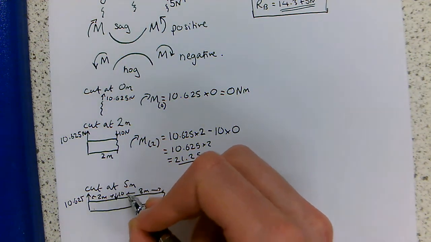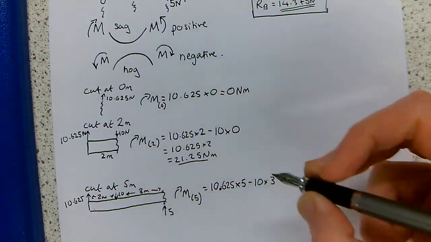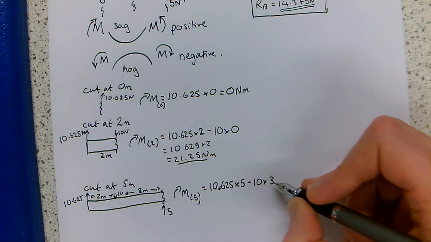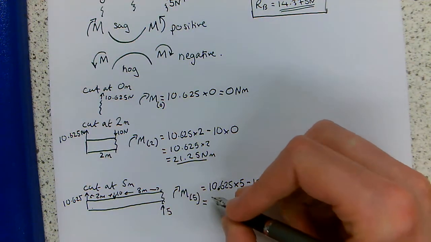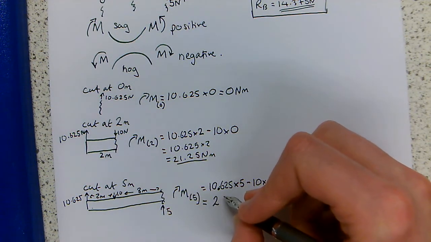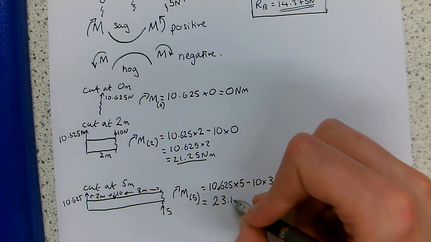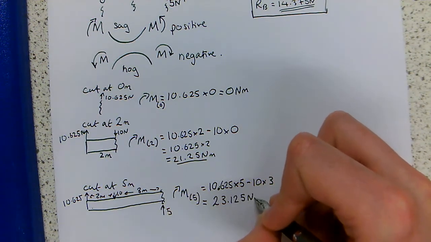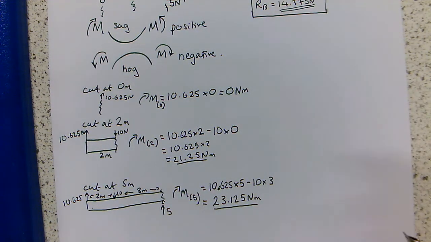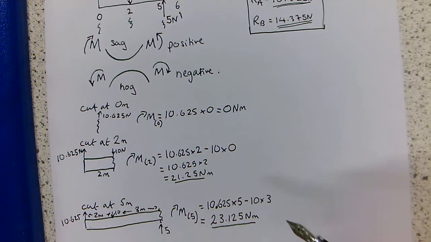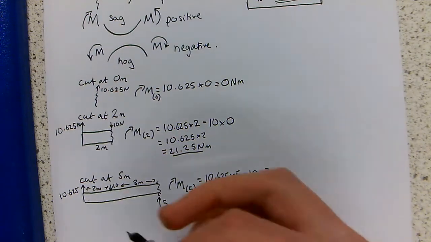So the moment it contributes is minus 10 times 3. We find that our bending moment at 5 is going to be 23.125 Newton meters. And our last cut is going to be taken at 6 meters.